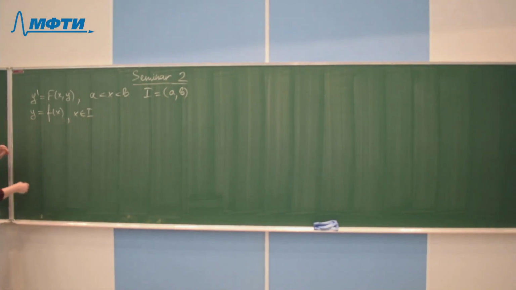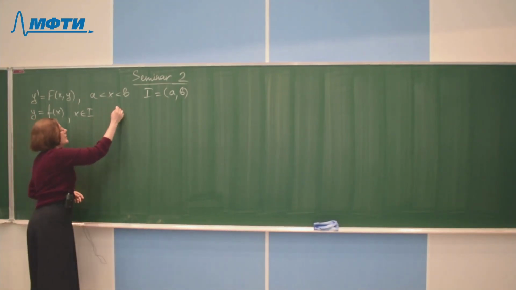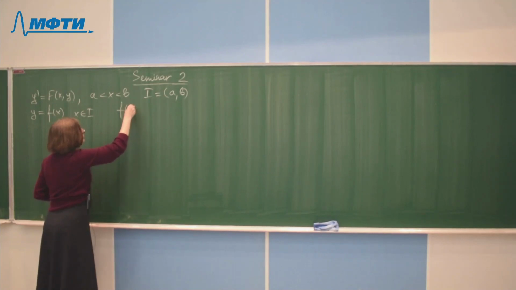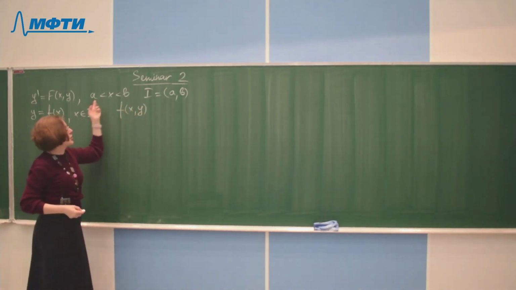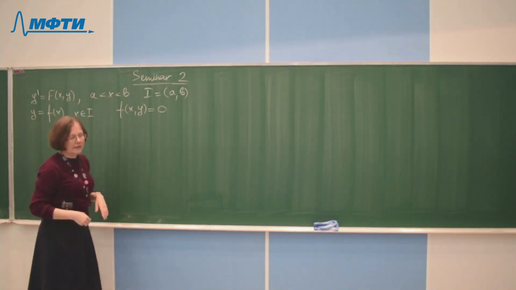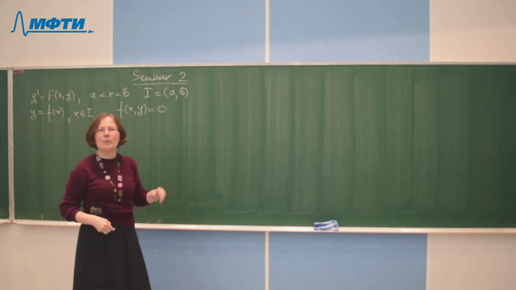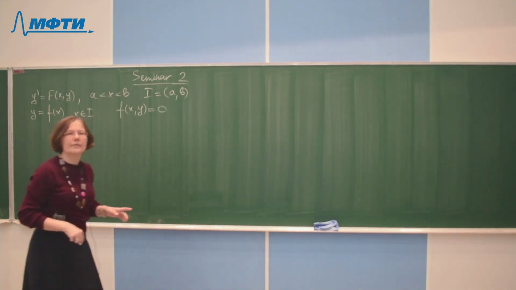Or sometimes it is difficult or impossible to find this explicit solution. Then we may find an implicit solution of this differential equation, like in task number 3 from our quiz. It was 3.